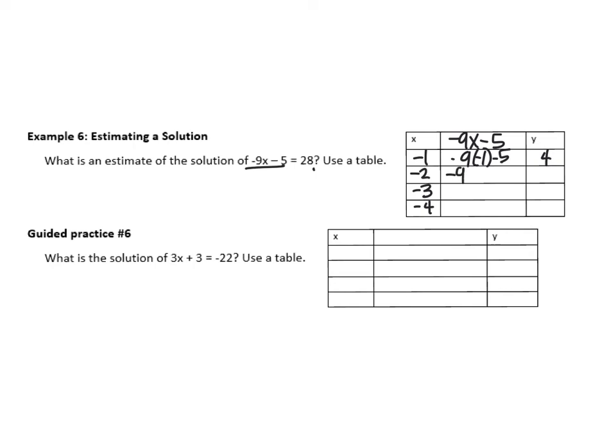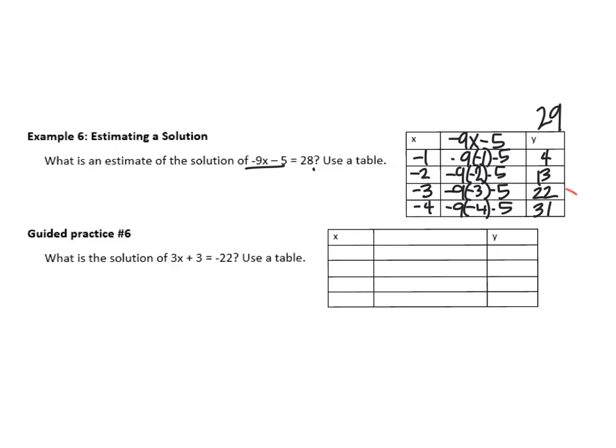Then we'll plug in -2, so that's 18 minus 5, which is 13. Then plug in -3, that's going to be 27 minus 5, which is 22. Plug in -4, that's going to be 36 minus 5, which is 31. And I was supposed to get 28.